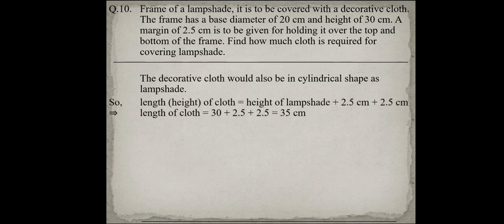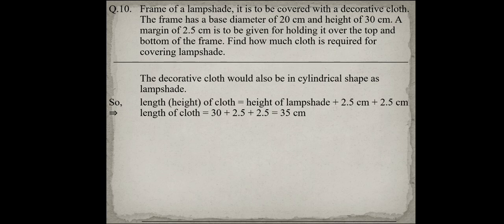So length, it means height of the cloth, equal to height of lampshade plus 2.5 centimeter on the top plus 2.5 centimeter on the bottom. This is the margin, mean this is the extra part which you kept.